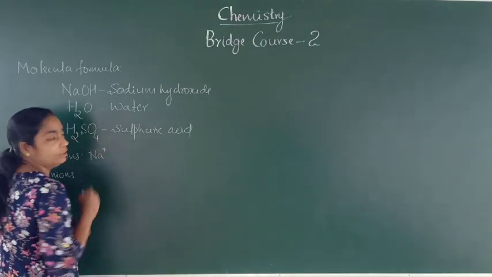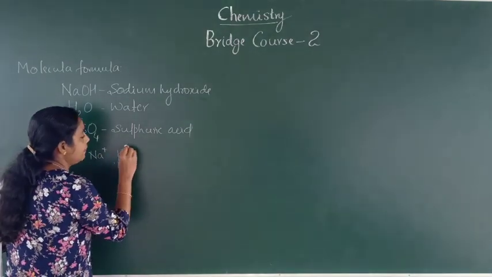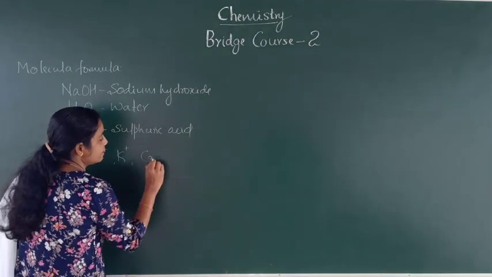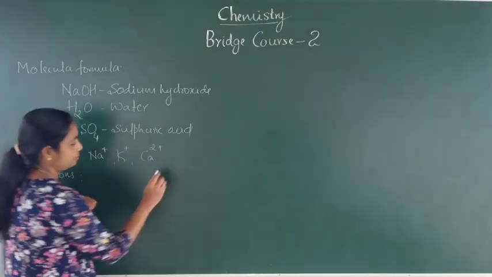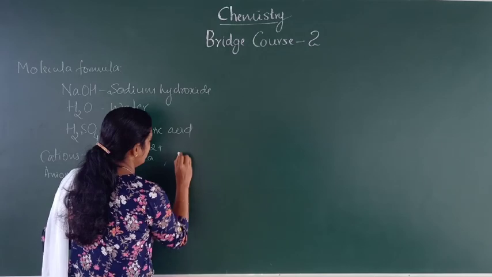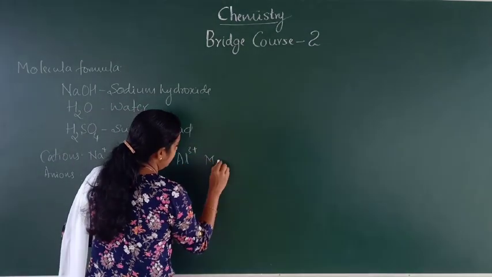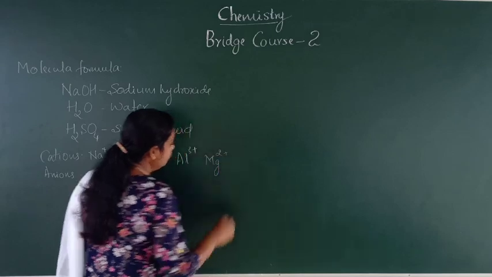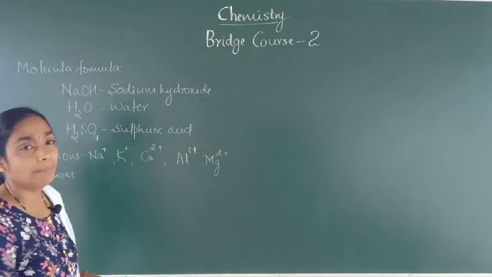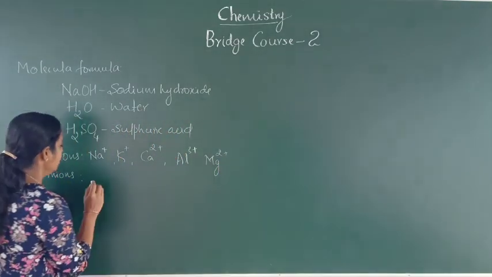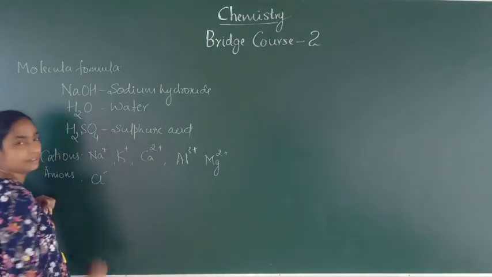Na+ ion, K+ ion, Ca2+ ion, Al3+ ion, Mg2+ ion. These are the examples for some of the cations. Now we will consider anions.